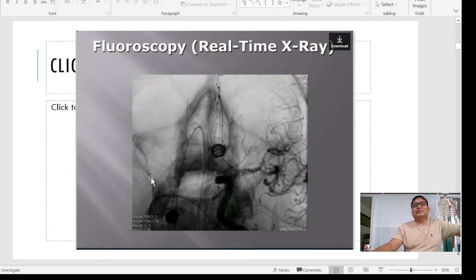So this is an example of fluoroscopy, a real-time X-ray. Here we have a study of the flow of blood to the brain. Here we can see the internal carotid. You look at this as the flow of the blood towards that area of the brain.